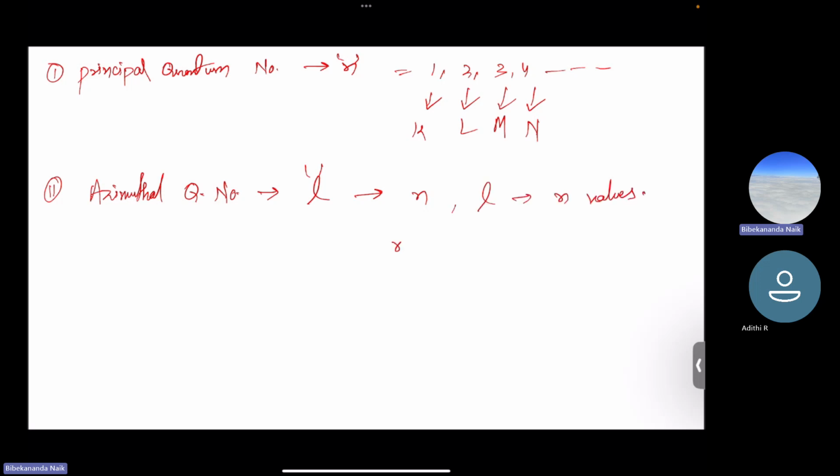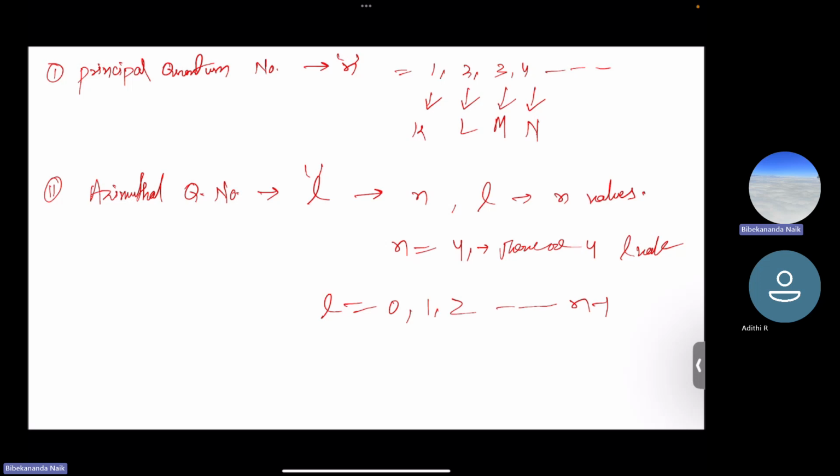For example, if n is 4, then corresponding to n equals 4, there are 4 l values. The l values will be 0, 1, 2, up to n minus 1. Since 0 is included and it ends with n minus 1, there are a total of n values.